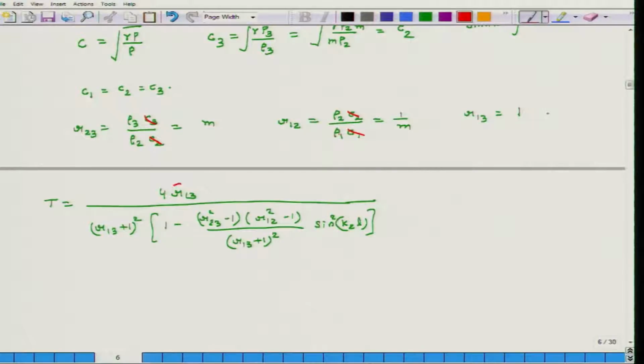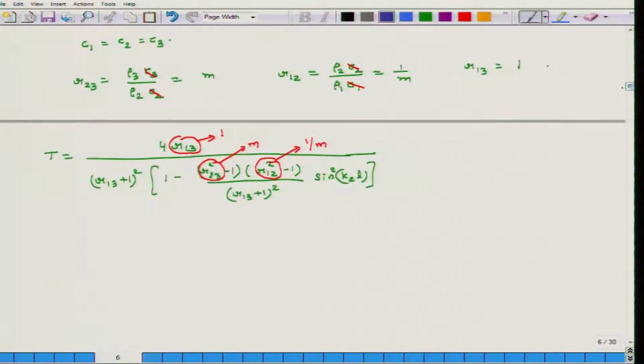Now, R13 is equal to 1, R23 is equal to m, and R12 is equal to 1 over m. We will make these replacements in the relation.